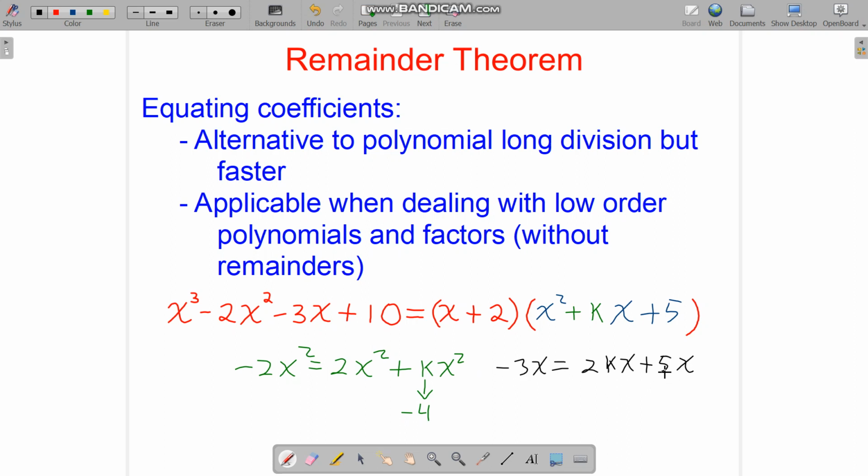So since this is 5, this whole thing 2k must be minus 8, which means again the k is therefore minus 4. So there you have it, the k is actually minus 4. So we get the factor.